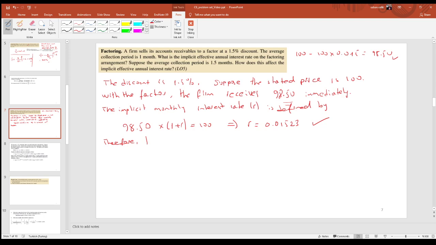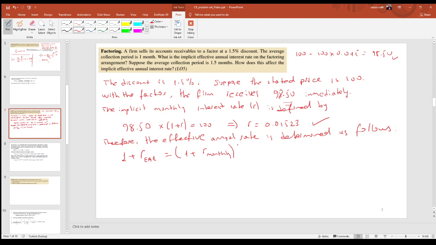the effective annual, this is monthly, and the effective annual rate is determined as follows: 1 plus R, the effective annual rate will be equal to 1 plus the monthly interest rate to the power of 12.